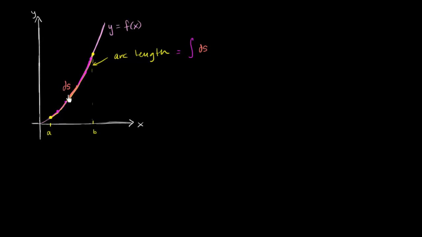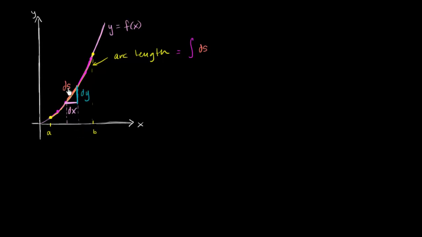But just focusing on this as a line for now, this distance right over here, I'm just going to try to express it in terms of dx's and dy's. This distance right over here, that's dx. You could view this as an infinitely small change in x. And this distance right over here is a dy. And once again, I'm being loosey-goosey with differentials, really to give you conceptual understanding, not a rigorous proof, but it'll give you a sense of where the formula for arc length is actually coming from.